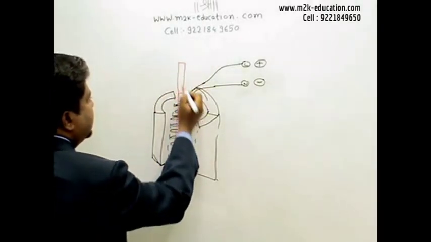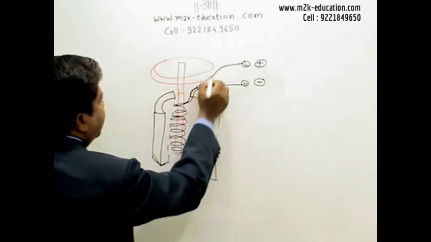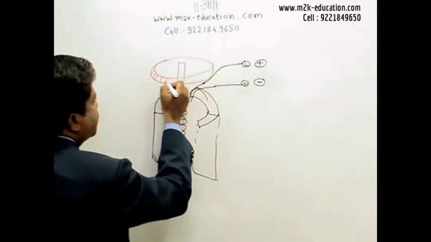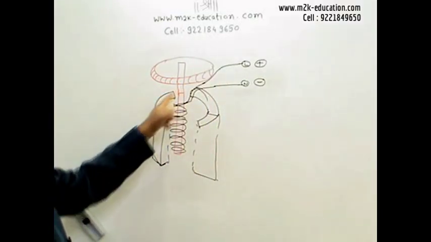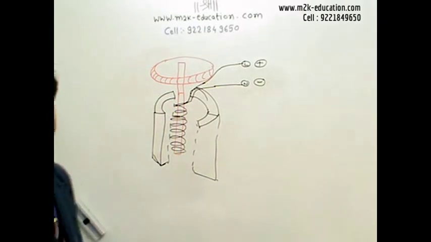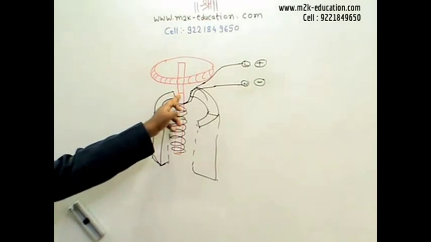I am now extending this, making some arrangement here like that. The wheel that is attached to this rod, I can call a turbine. Now we are focusing on this turbine part. So we have to rotate the turbine. As this turbine is rotated, the rod starts moving.